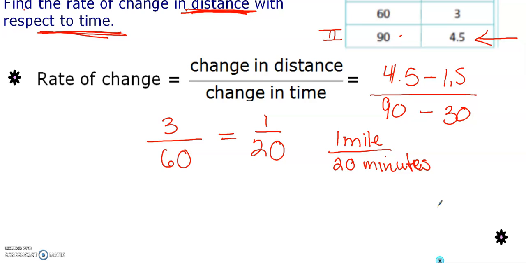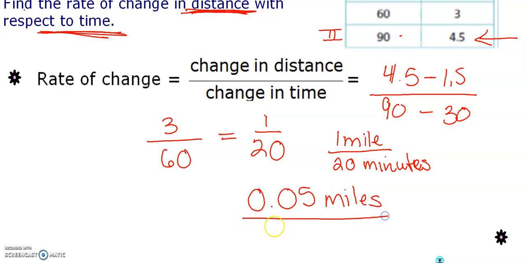So I want to keep dividing, and here I would suggest using a calculator to go ahead and divide top by bottom. So if we divide 1 divided by 20, we get 0.05 miles. That's how far we can go in 1 minute.